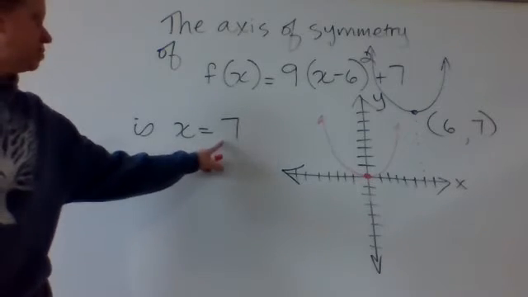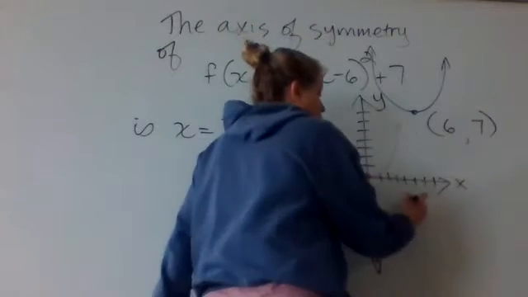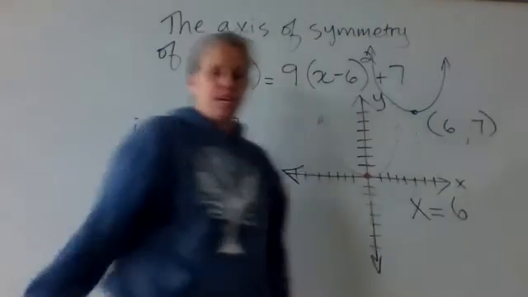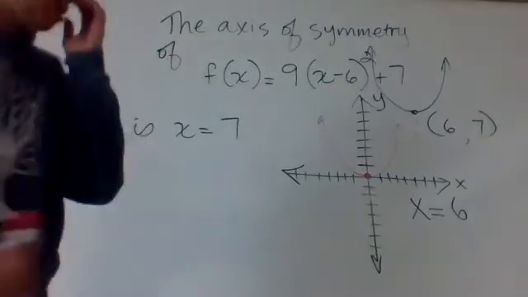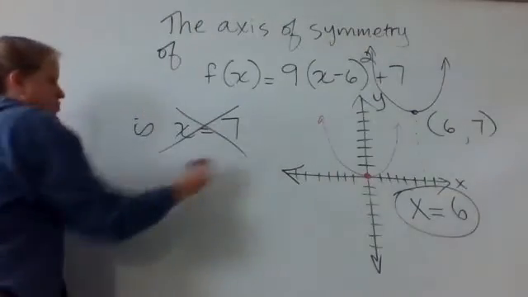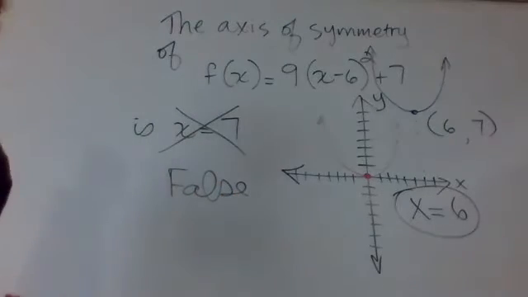What is the axis of symmetry when you're looking at the vertex? It's always x equals whatever the x coordinate is. So that's what the axis of symmetry should be. X equals 6, not x equals 7. So that's why that one would be false.